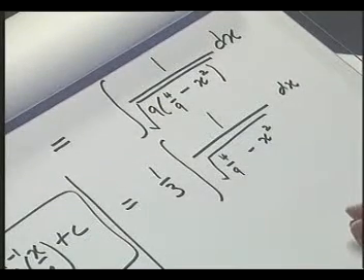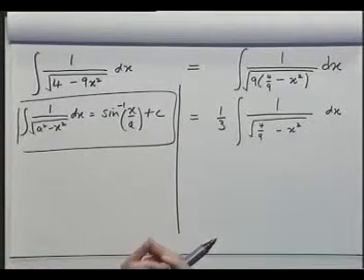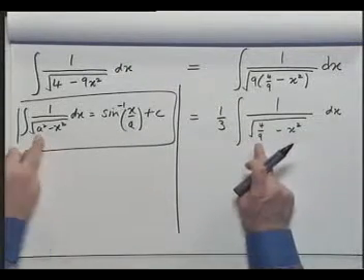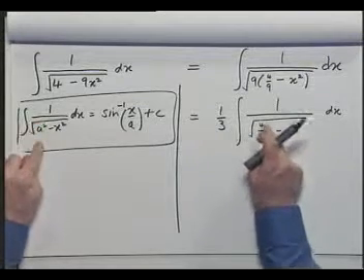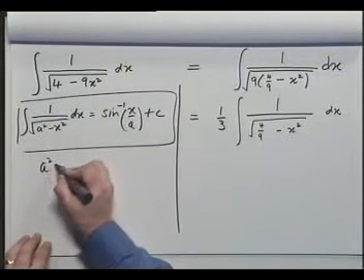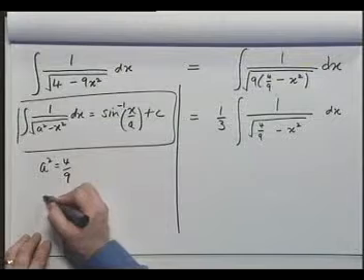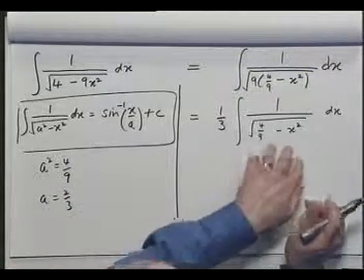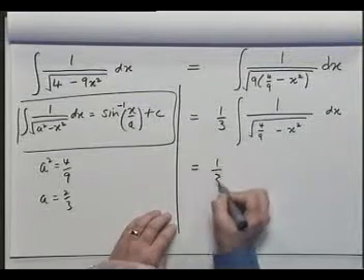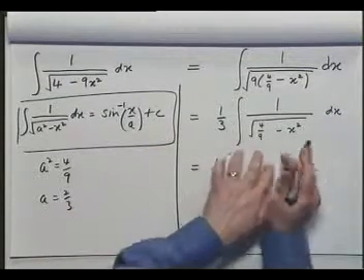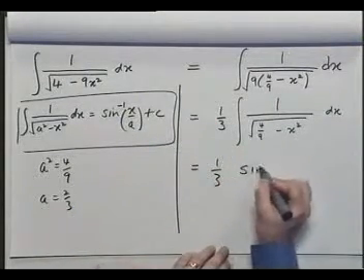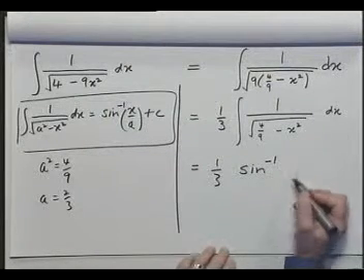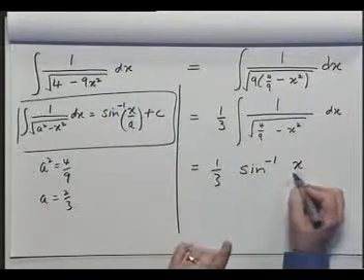Now in this form, I hope you can spot that we can use the standard result immediately. With the standard result with a squared being equal to 4 ninths, in other words, a being equal to 2/3. So putting all that together, we'll have a third, that's the third, and the integral will become the inverse sine of x divided by a.